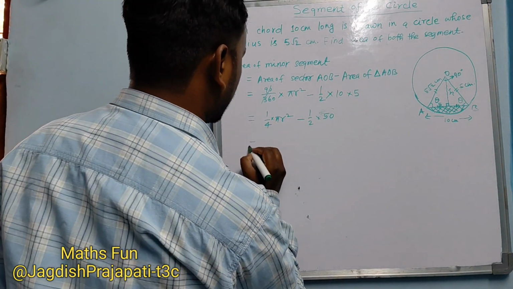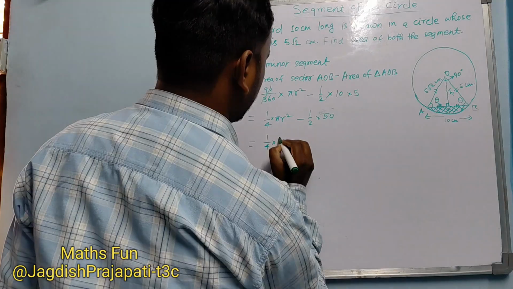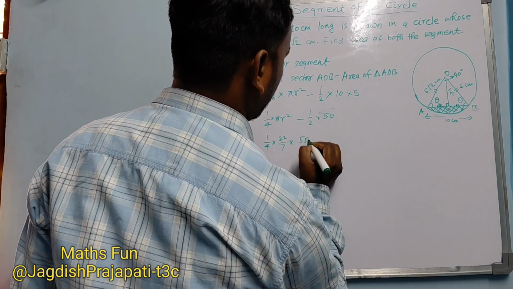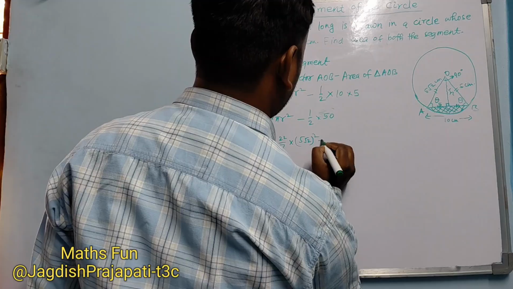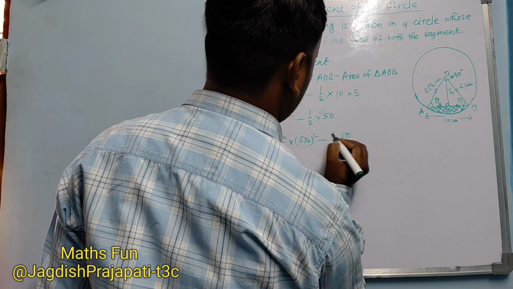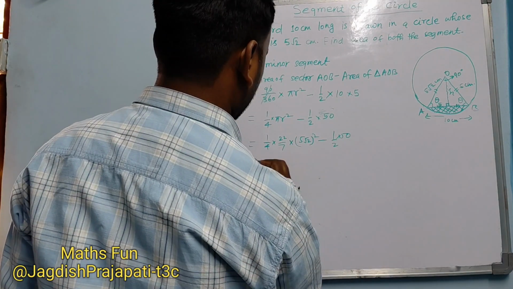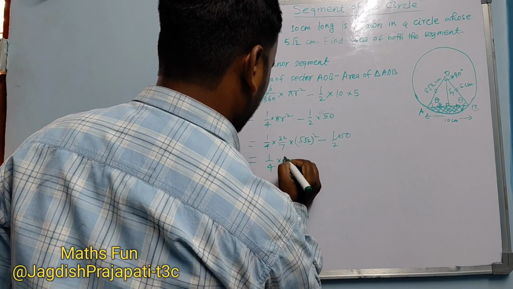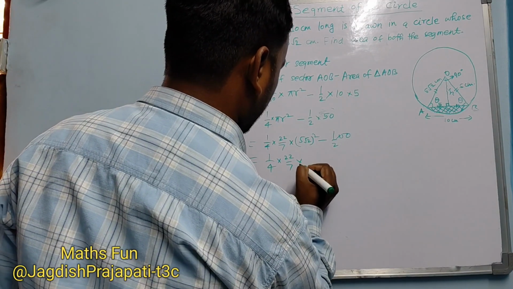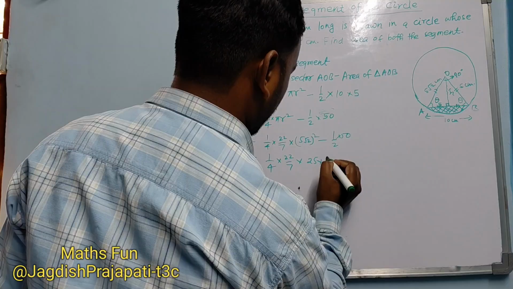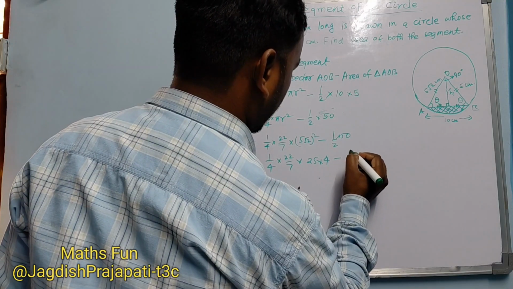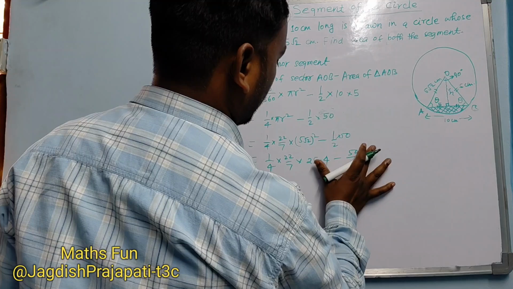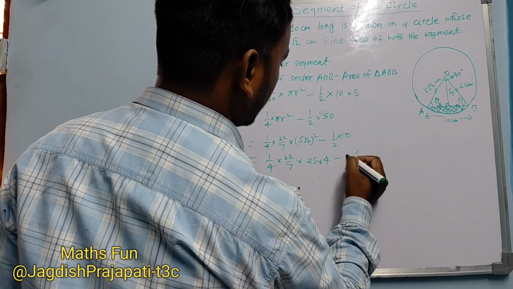So here 1 by 4 into pi is 22 by 7 and r is 5 under root 2, r square, minus 1 by 2 into 50. So 1 by 4 into 22 by 7 into 25 into 4 minus 50 by 2, 50 by 2 means 25.